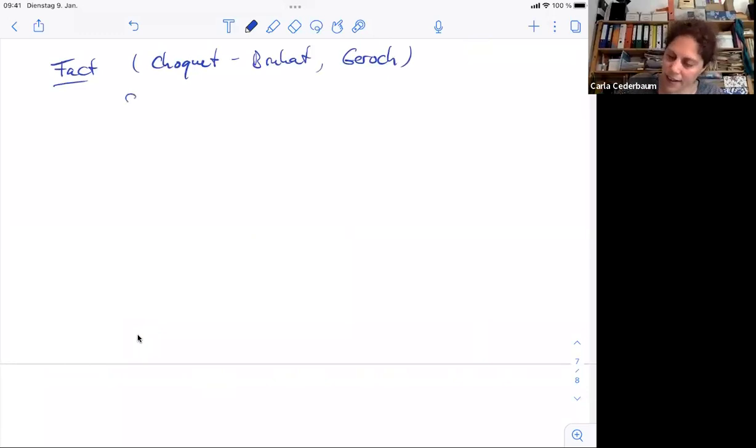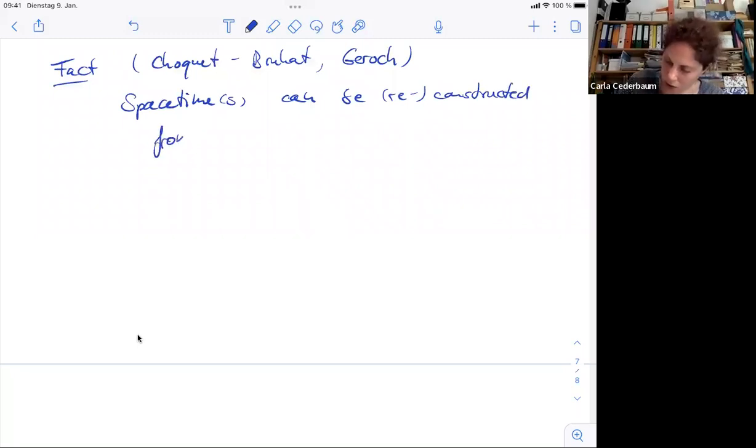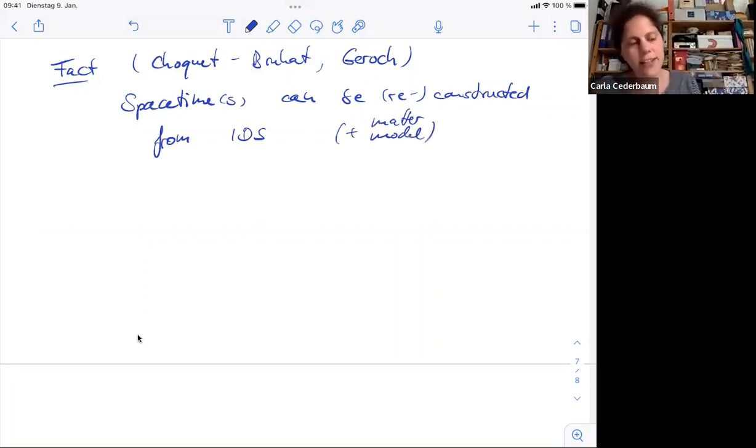And that is that space-time can be reconstructed from initial data, for suitable metamodels, of course, and this is up to isometry. So if I give you initial data, then you can construct a unique space-time, unique up to isometry, say in vacuum, generated by these initial data sets under the Einstein equations.